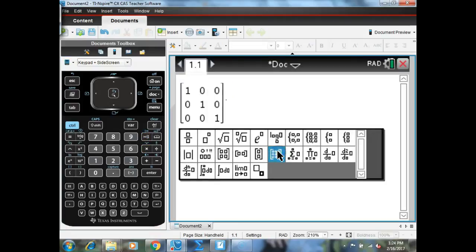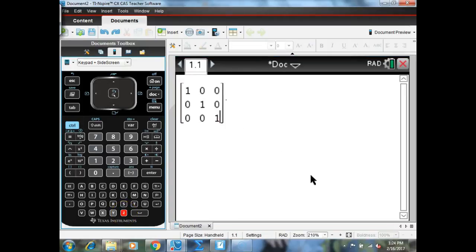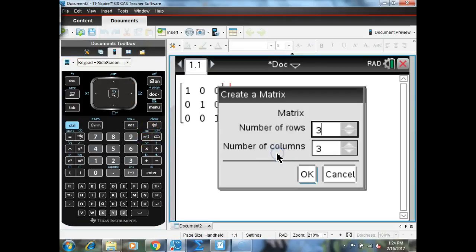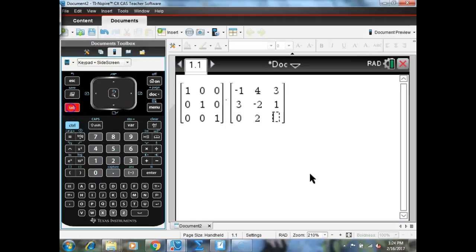So I need to insert another, whoa, tap the brakes. Apparently I thought I tabbed out of there. Okay, so make sure that you're out of there, and then insert your 3 by 3 matrix. And that 3 by 3 matrix is going to be -1, 4, 3, 3, 2, -2, 1, 0, 2, 5.